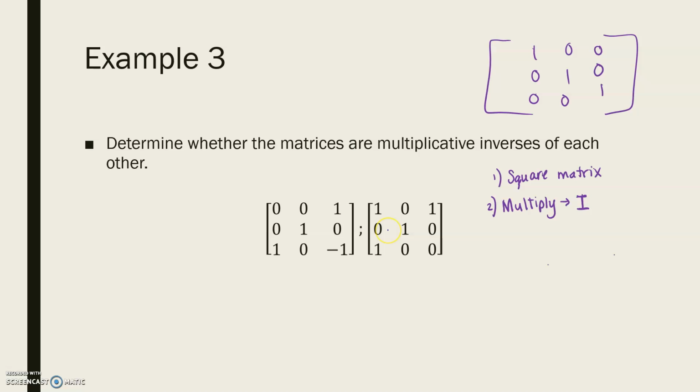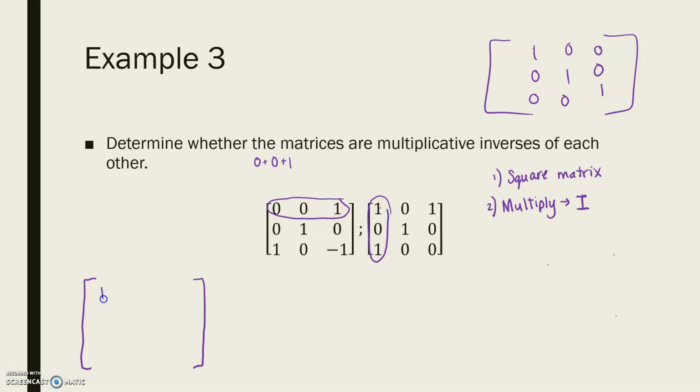So I'm going to start with the order that they're written in. I'm going to look at row and column. And I'm going to get 0 times 1, which is 0, plus 0 times 0, plus 1 times 1.